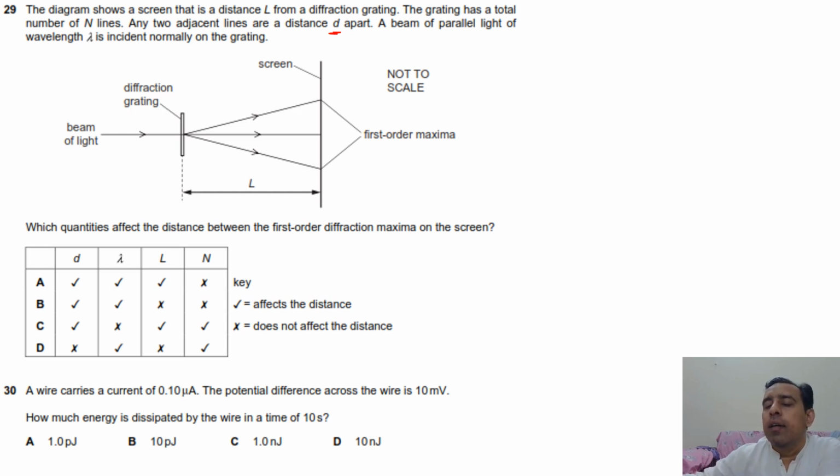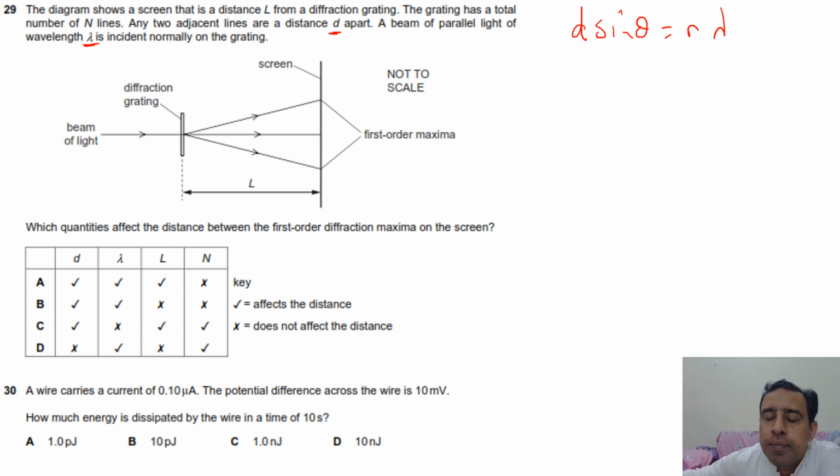That is, d sine theta is equal to n lambda. A beam of parallel light, wavelength lambda, is incident. This lambda is the incident one, and the distance is L between the diffraction grating and the screen. Which quantities affect the distance between the first order maxima on the screen?